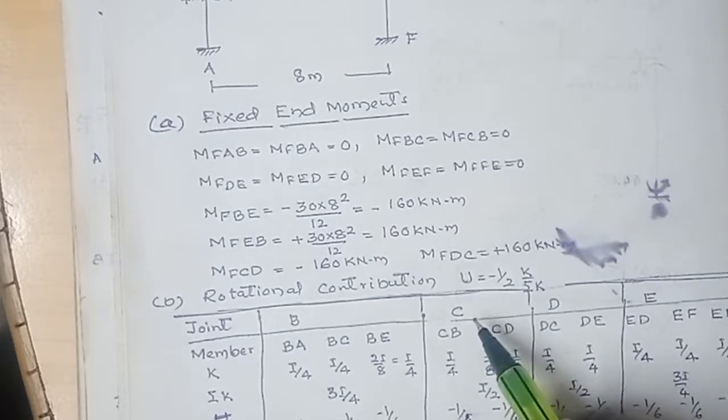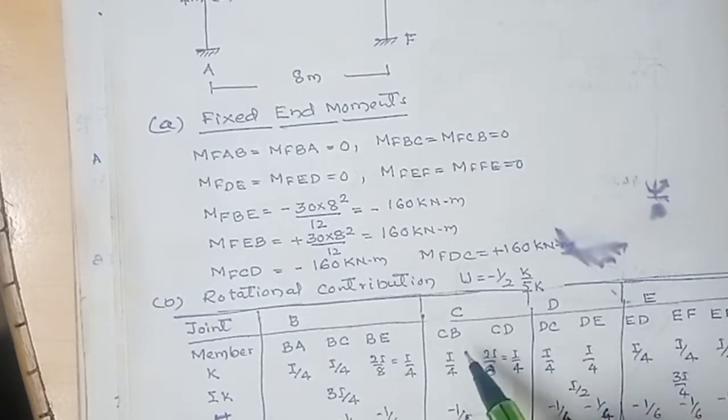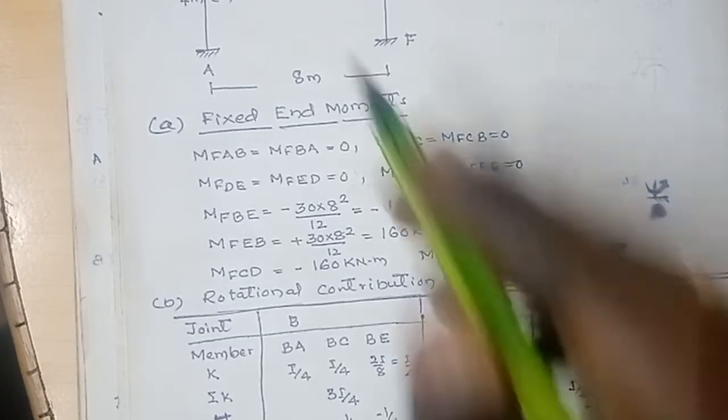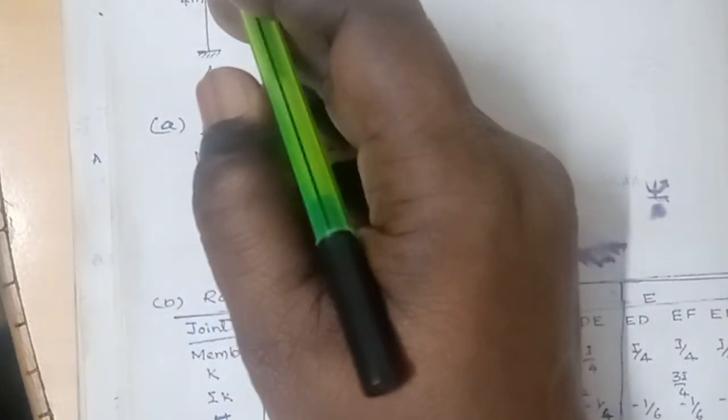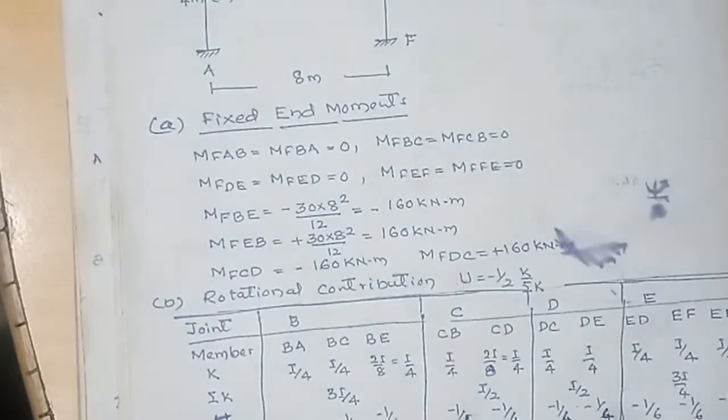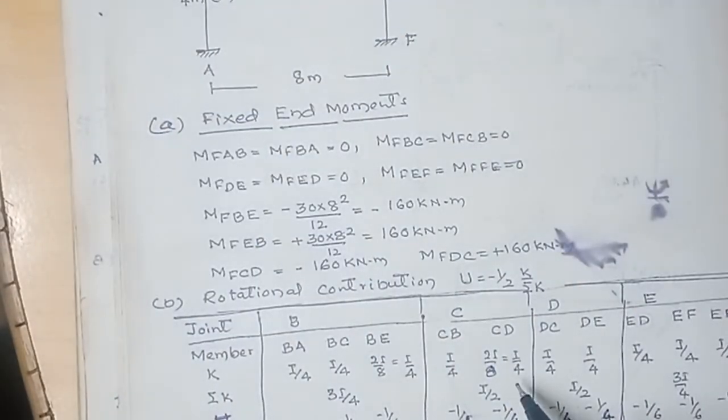Similarly for joint C, two members are connected: one is CB, one is CD. For CB, length is 4 meter, moment of inertia is I, so I by 4. Then similarly for horizontal member C to D, the length is 8 meter, moment of inertia is 2I, hence 2I by 8, that equals I by 4.